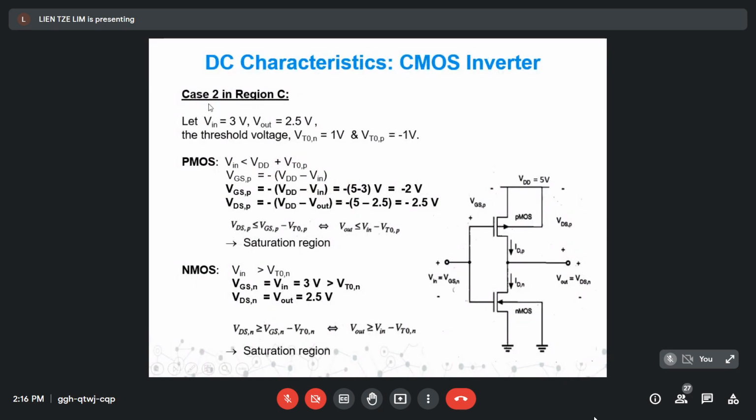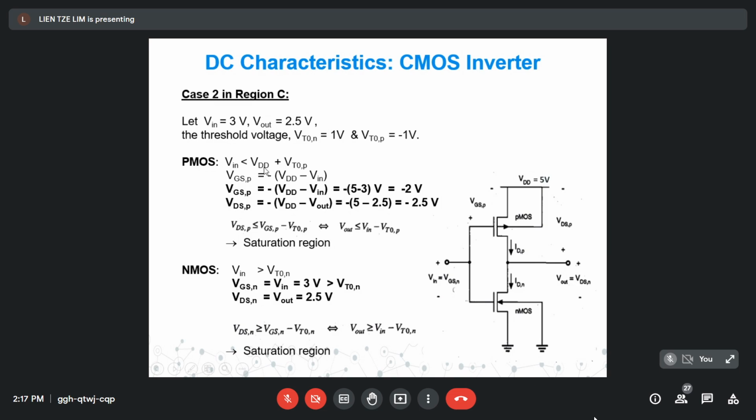This is another condition where the input voltage is increased to 3 volt, and Vout is reduced to 2.5 volt. Initially the Vout is 5 volt, now it is 2.5 volt. The threshold voltage again is the same.